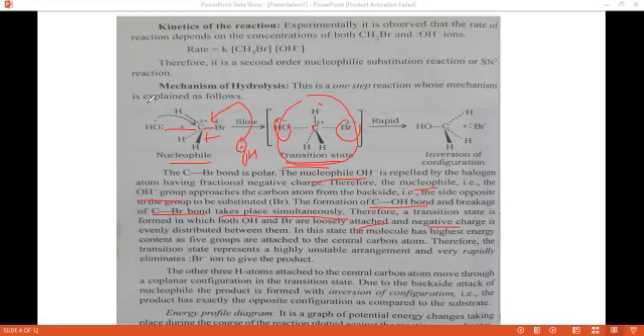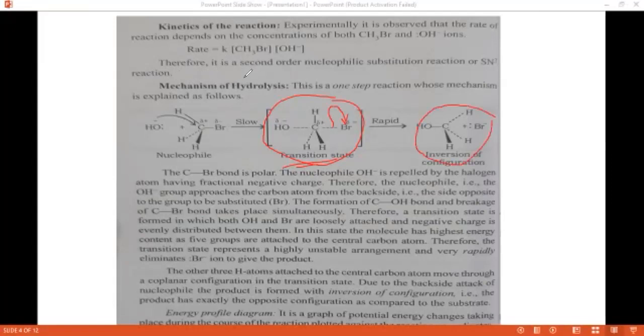Therefore, the transition state represents a highly unstable arrangement and very rapidly eliminates the bromide ion, and then gives the product.